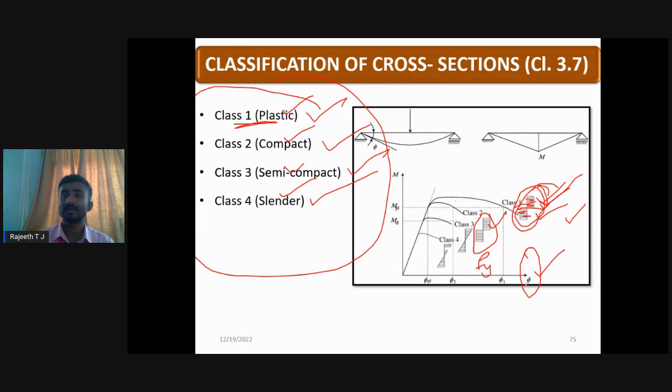Whereas all the fibers reach Fy, the strength of this section is lesser than class 1. If you go for class 3, here if you observe, the extreme fibers reach Fy, the interior fibers do not reach Fy, the yield strength of the material. This section we call a semi-compact section. Here there is no formation of plastic hinge since all the fibers are not yielded to maximum stress.